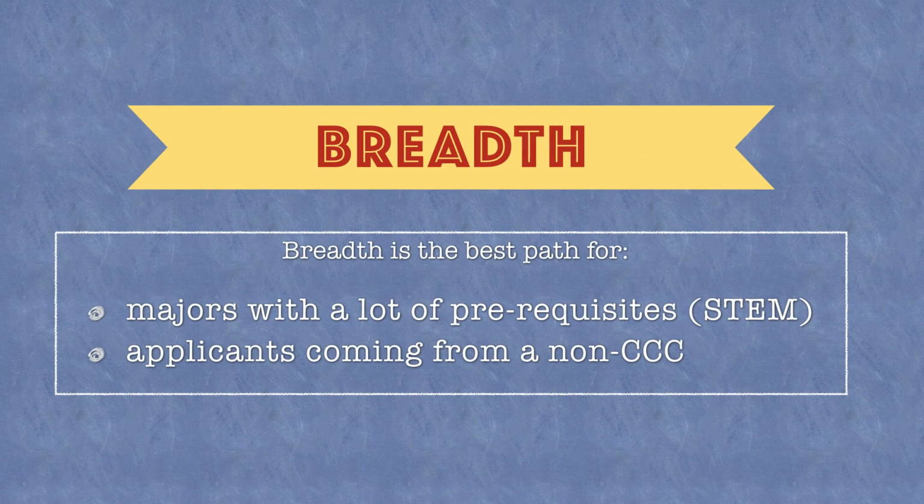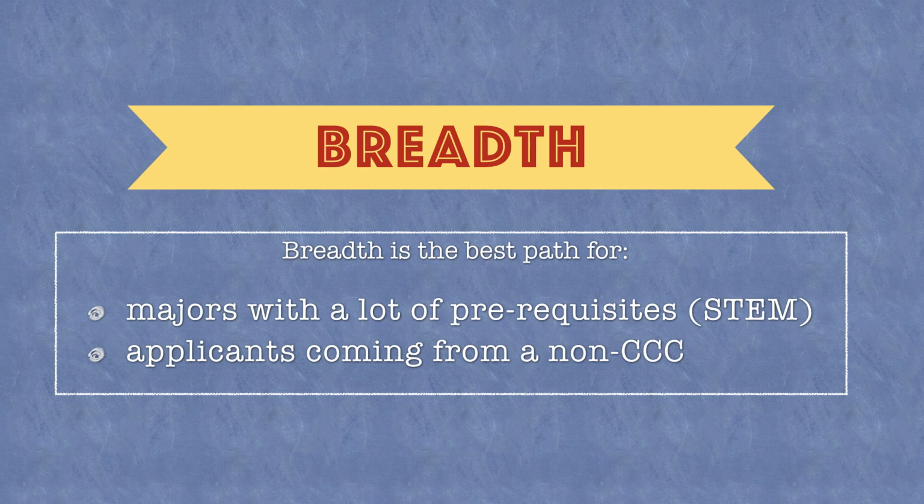Now, which one are you going to choose? First of all, IGETC is only for students who are at a California community college. So, breadth is the best path for applicants coming from a non-California community college because IGETC just doesn't exist, so you're going to have to follow breadth. And also majors with a lot of prerequisites.